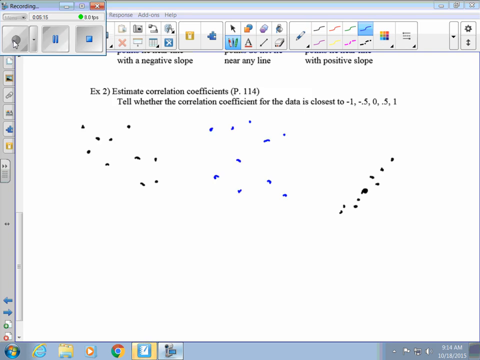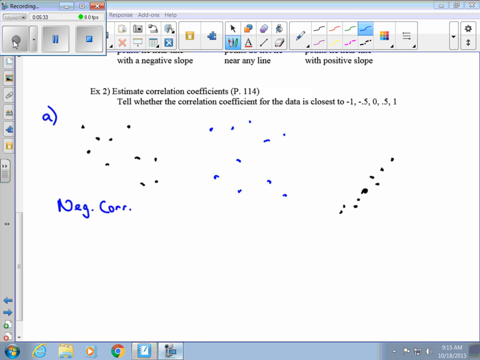So here's kind of what those three graphs look like. Now, in the first one, we'll call this one A, you can see that the data tends to go down to the right a little bit, but it's not a very good fit. So we are going to say it has a negative correlation.